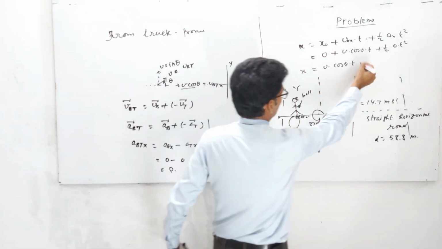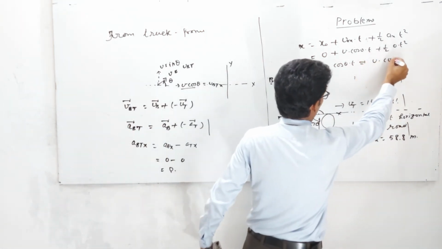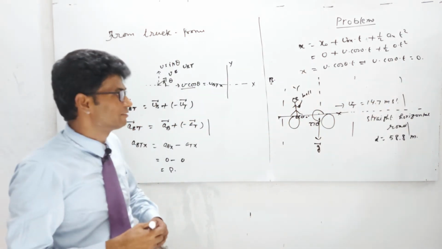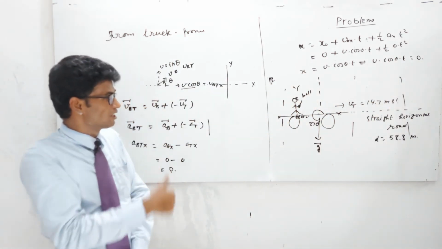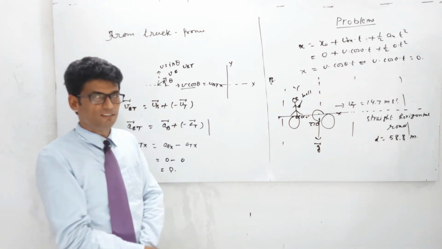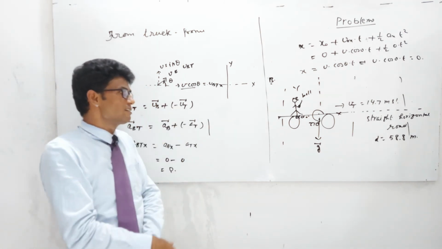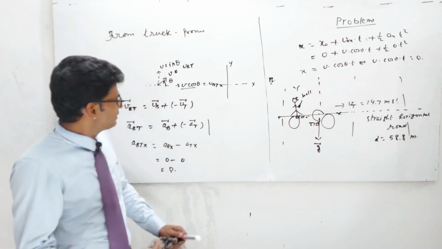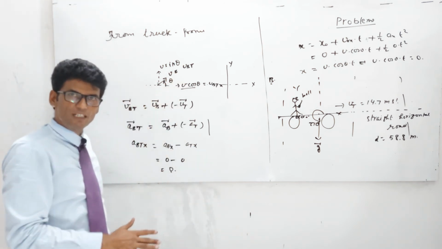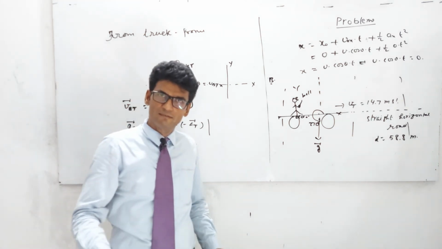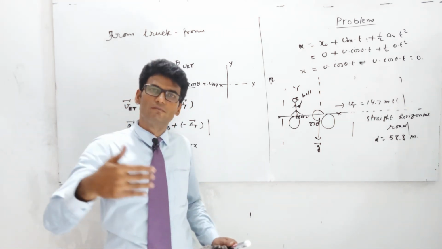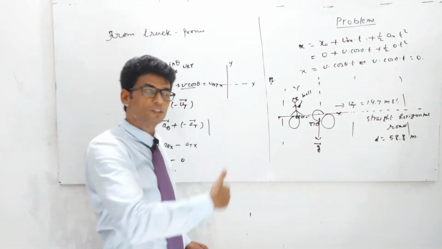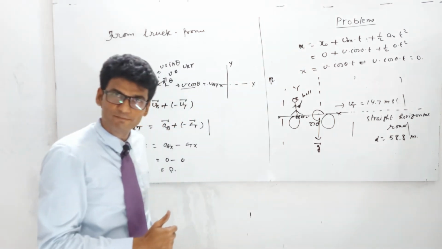So this implies v into cos theta into t is equal to 0. Look at the right hand side, 0. The left side has three factors, v, cos theta and t. v, speed: yes, there is some speed, after which the ball moves in air or in a uniform gravitational field.